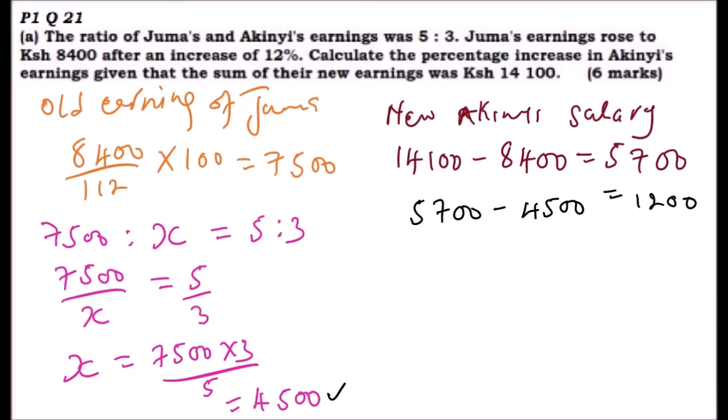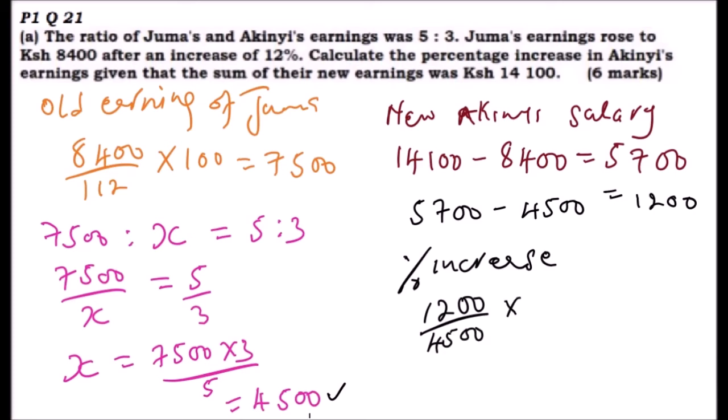So we can say the percentage increase is equal to the increase divided by the old salary, which is 4,500. We have already computed that, and you multiply by 100.